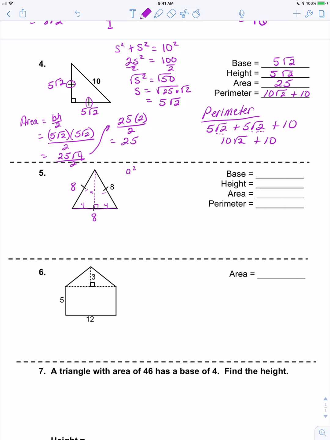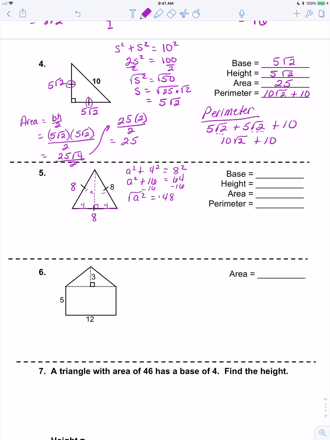So A squared plus 4 squared equals 8 squared. So A squared plus 16 is equal to 64. We'll subtract that 16. So A squared is equal to 48.